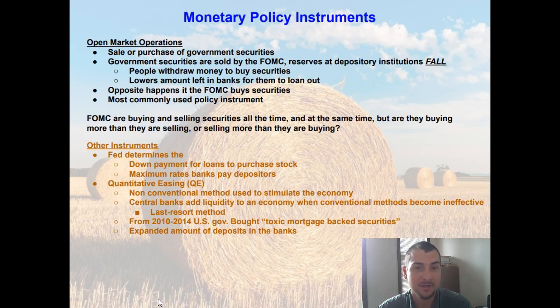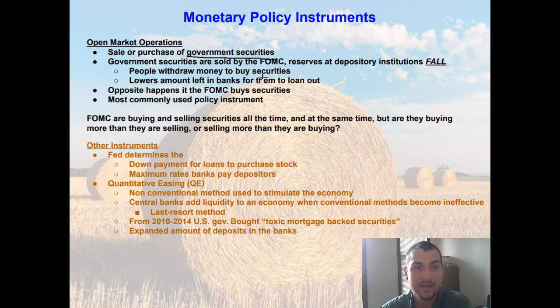The last monetary policy, and the most commonly used one, is open market operations, and that's what we're going to talk about today. What are open market operations? Well, it's basically the sale or purchase of government securities. Remember those treasury bonds? Anybody ever had those treasury bonds? You buy them, you hold on to them, and they are supposed to gain interest.